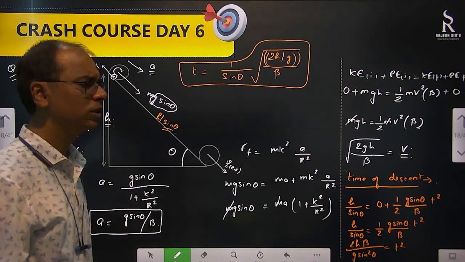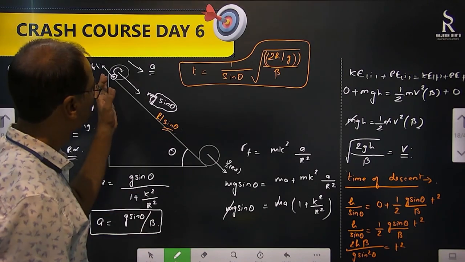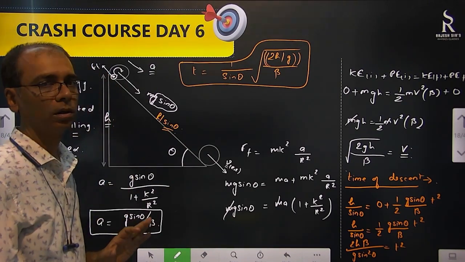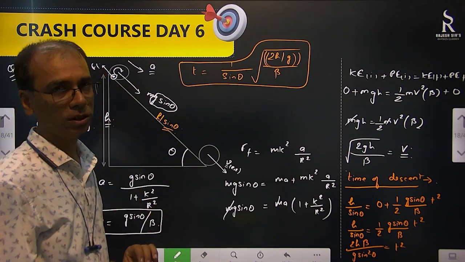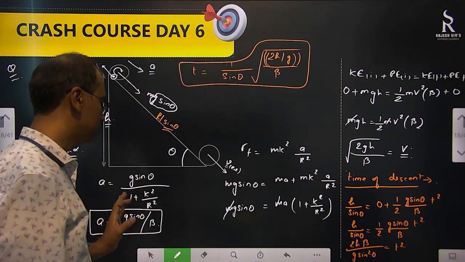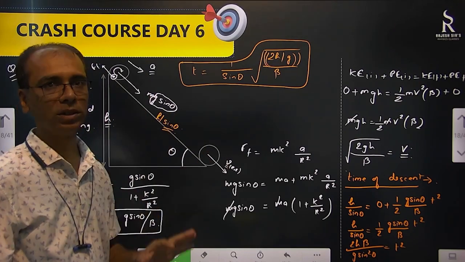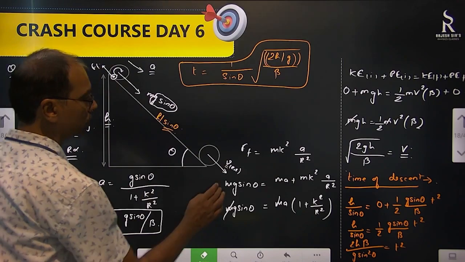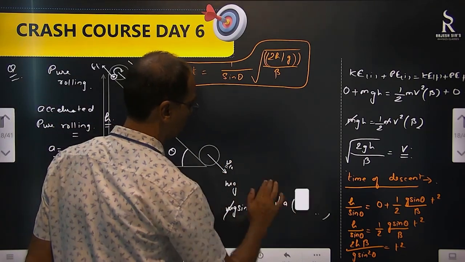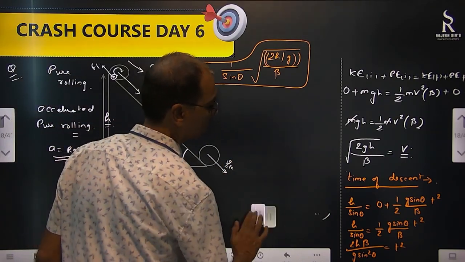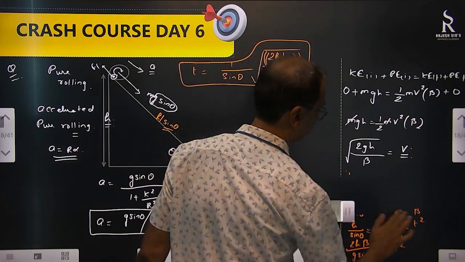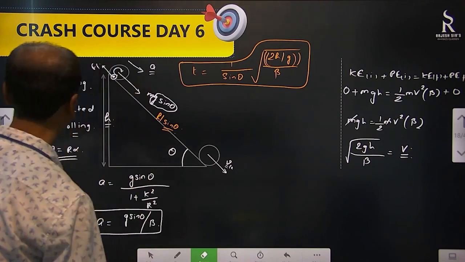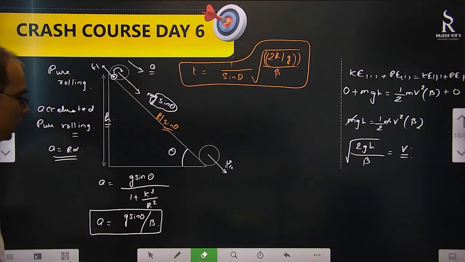Now let's find out, if this is a disk, ring, solid sphere or hollow sphere, which is going to take the least time to reach the bottom, whose acceleration is more, whose velocity is more. I am removing all this, only the final relations are important. So acceleration is here, time is there, velocity is there.